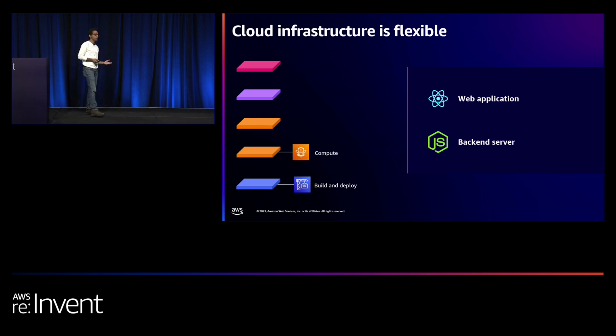The next thing is you need to choose your compute. It can be an EC2 instance or a Fargate instance, and you need to choose what's the best fit for you and manage them. Next, while running your containers, you also need to consider what container orchestration layer you want to use and how you want to manage your applications.